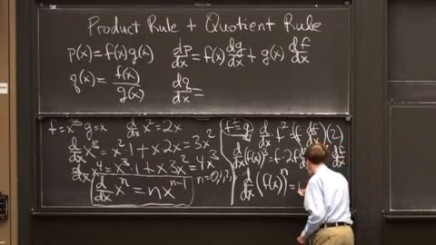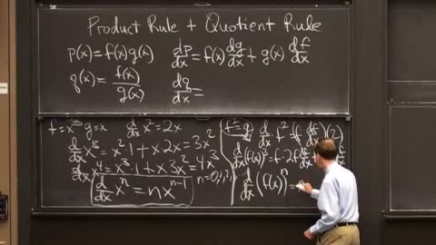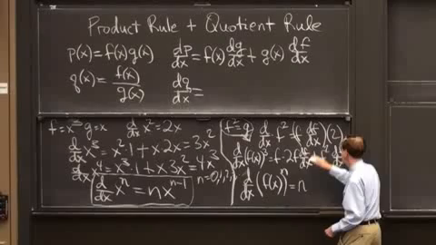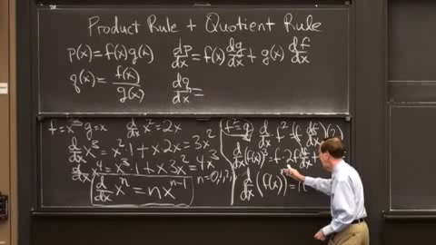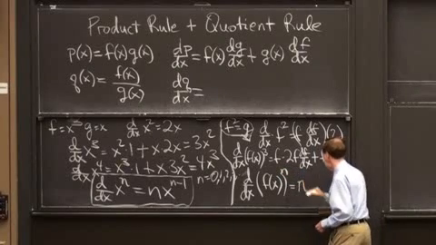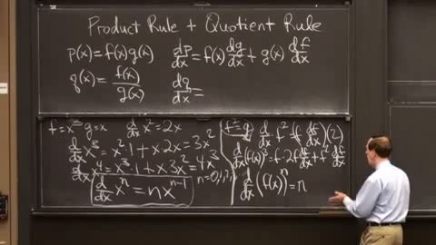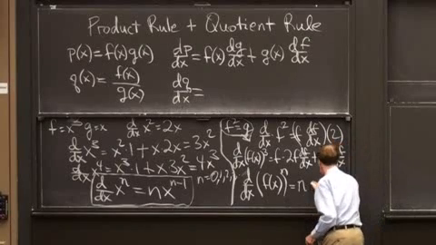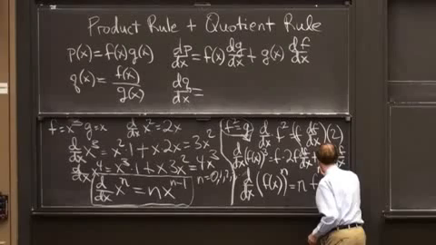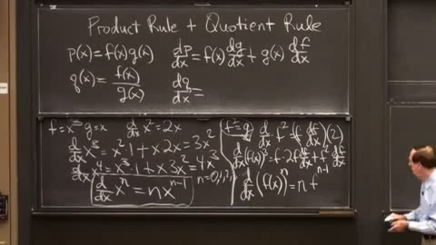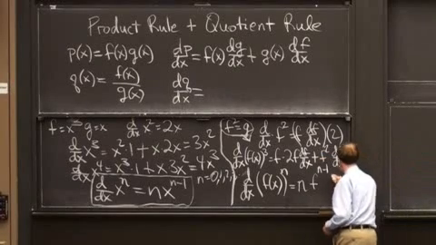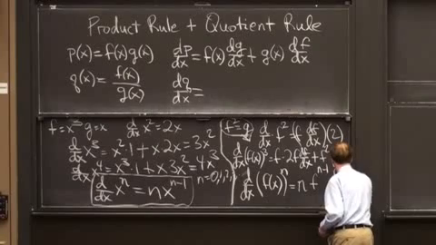Here will be n, because here it was a 2. Here it's going to be 2 plus 1, a 3. Now if I have the nth power, I'm expecting an n times the next lower power of f, f to the n minus 1, times what? Times this guy that's hanging around, df dx.